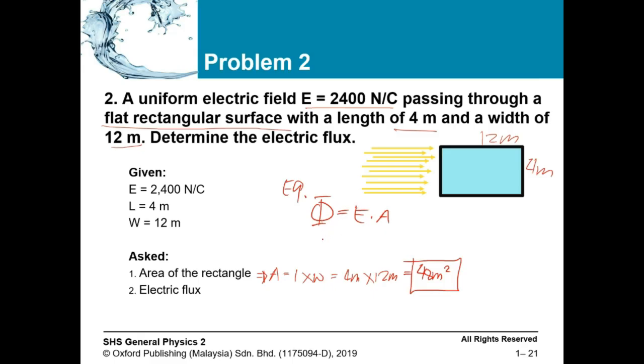Substitute here: phi is equal to E, 2,400 Newton per coulomb, times 48 meters squared. So our phi will be 115,200 Newton meter squared per coulomb. Don't forget to box. Okay?